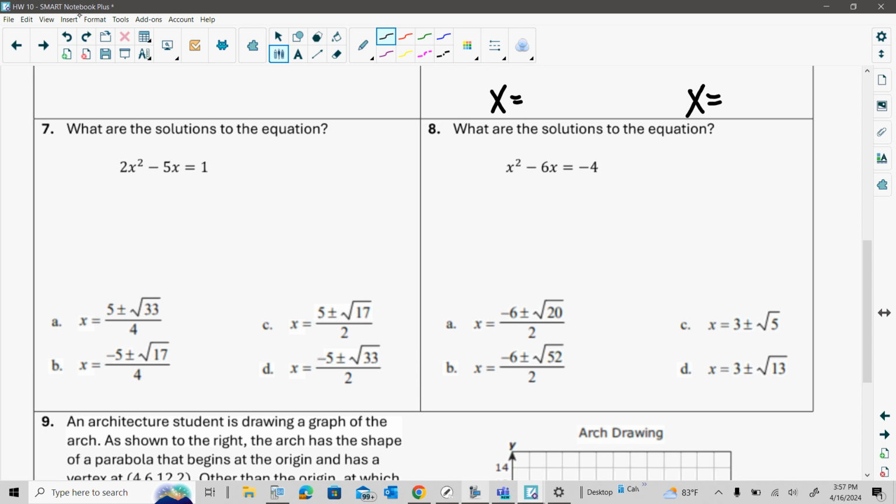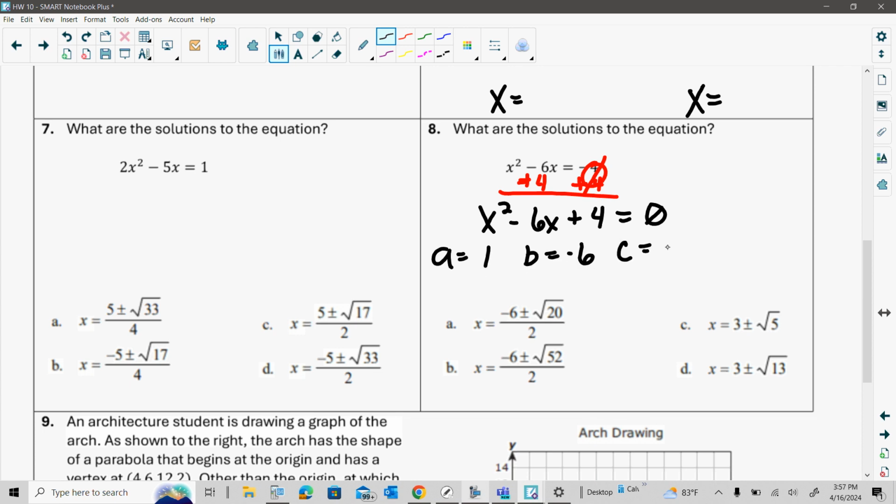All right, and on number 8 here, you first need to get it equal to 0. So you have to add 4 to both sides. This gives you x squared minus 6x plus 4 equals 0. And then we need our parts. We need our a is 1, our b is negative 6, and our c is 4.